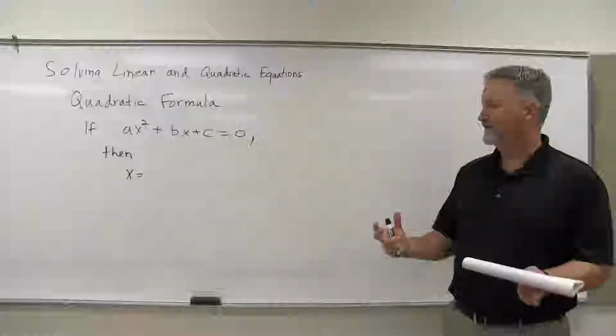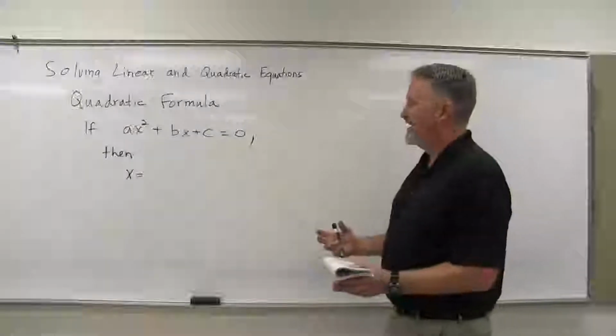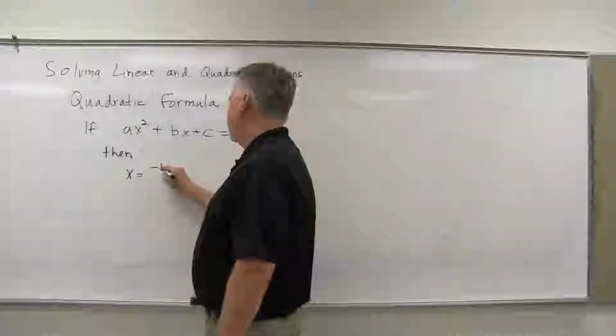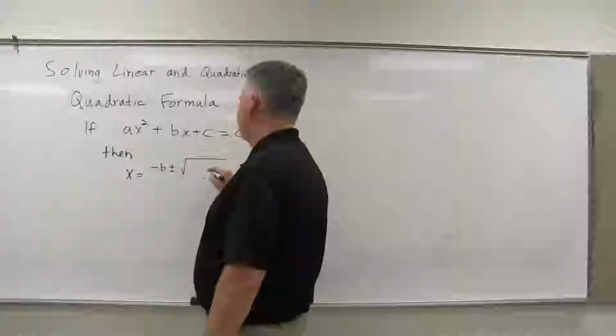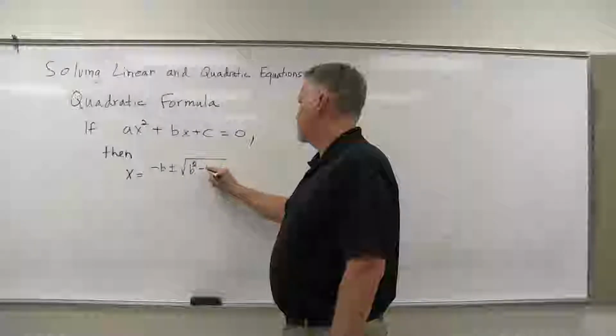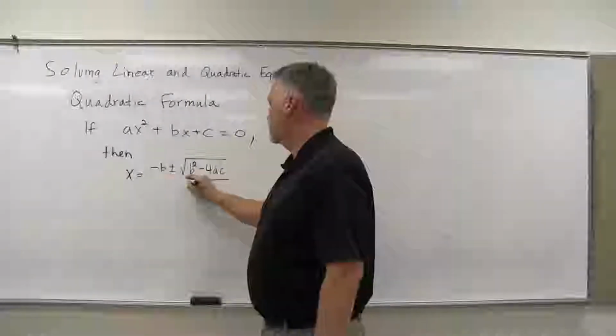Maybe you know a little jingle for this. All right, so it's negative b plus or minus square root of b squared minus 4ac all over 2a.